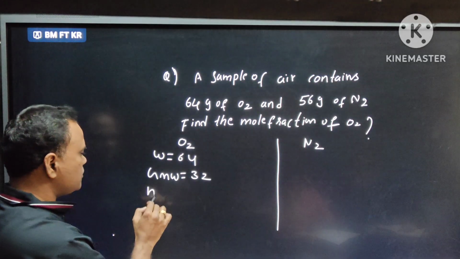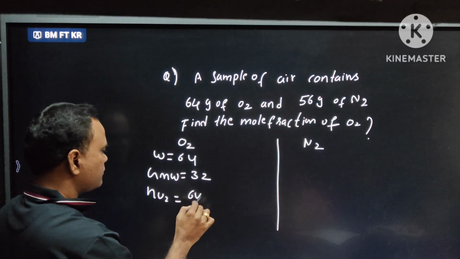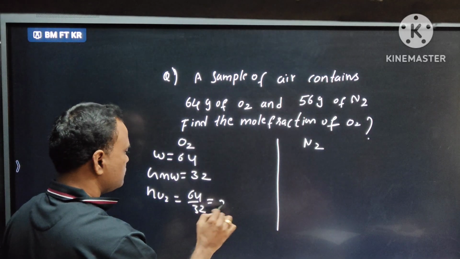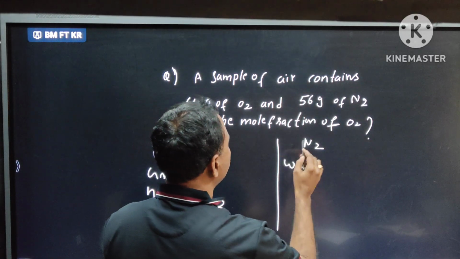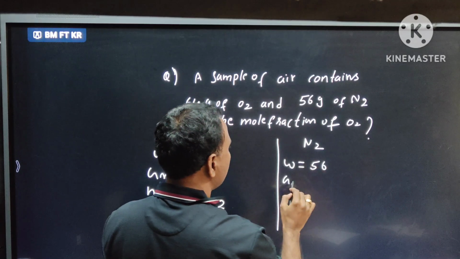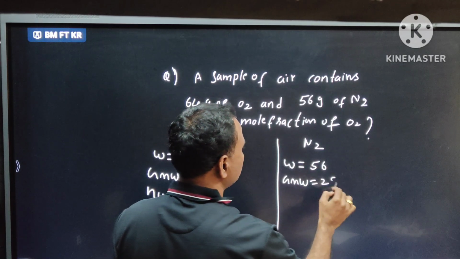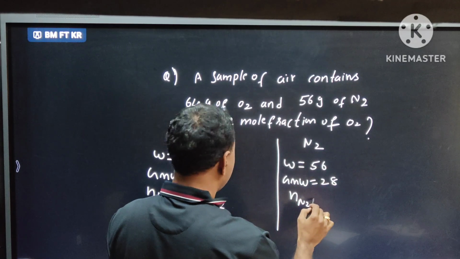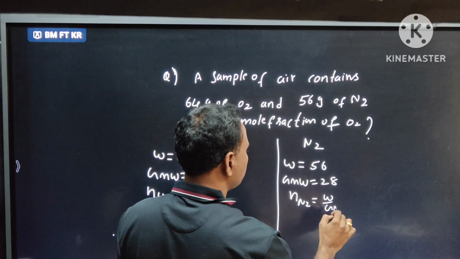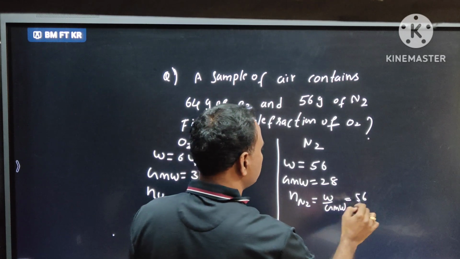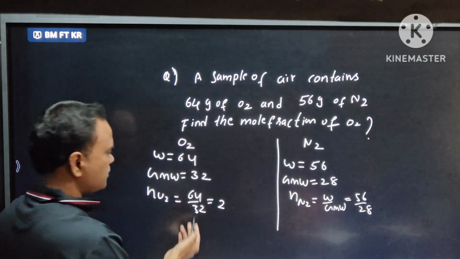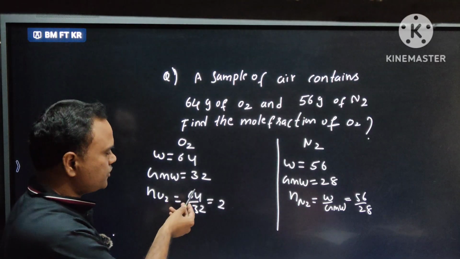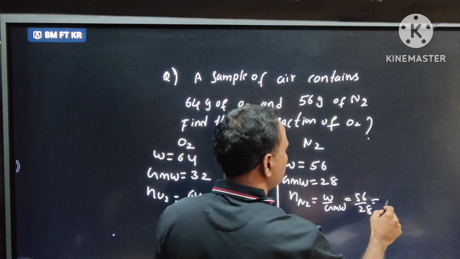So number of moles of O2 is equal to 2. For N2, weight is 56 and gram molecular weight is 28. Number of moles of N2 is weight by gram molecular weight, 56 by 28. Here also I used weight by gram molecular weight. So here also 2.